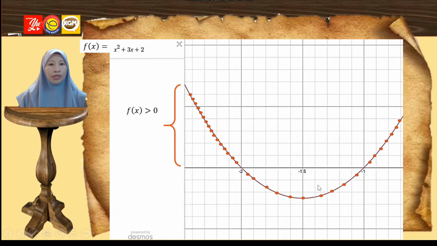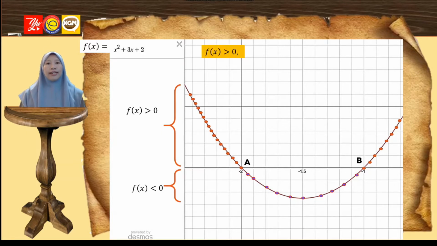Below here is below the x-axis. The f(x) is less than 0, or in other words, they are negative values. What about at point A and point B? At point A and point B, on this x-axis, the values of y are always 0. So f(x) is equal to 0.